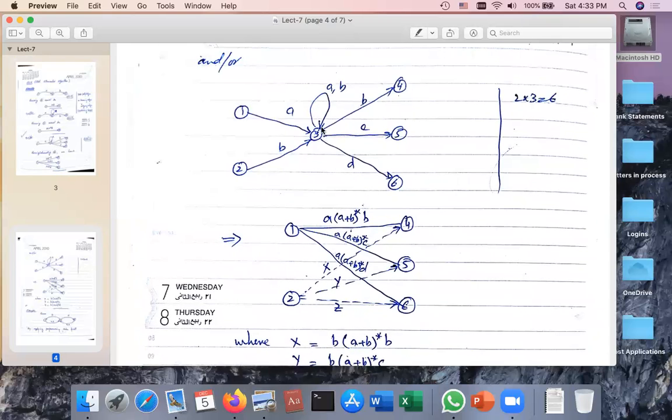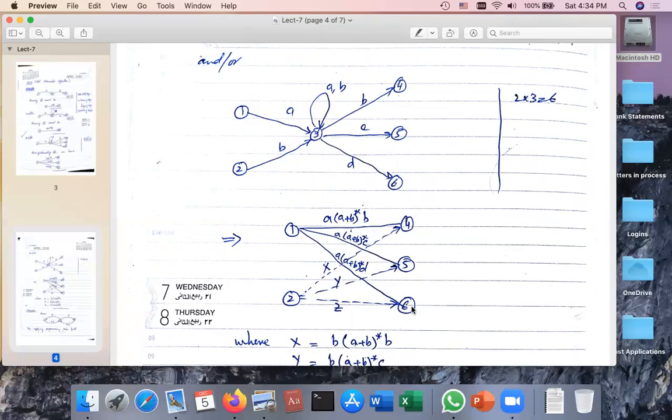So if I remove this state, then what are the edges? a into (a plus b) whole star, and then b, this is one edge which is represented here going towards 4. (a plus b) whole star into c, this is another edge going towards 5. (a plus b) whole star, d going towards 6.